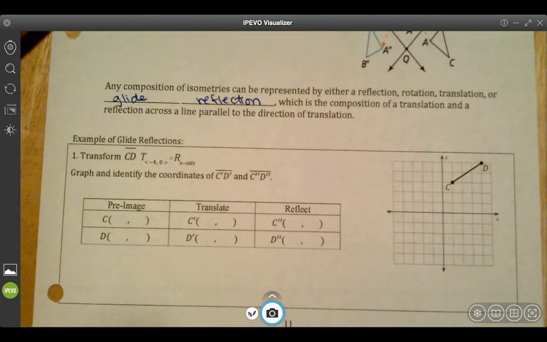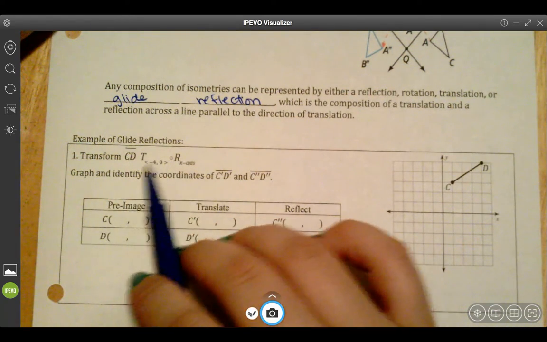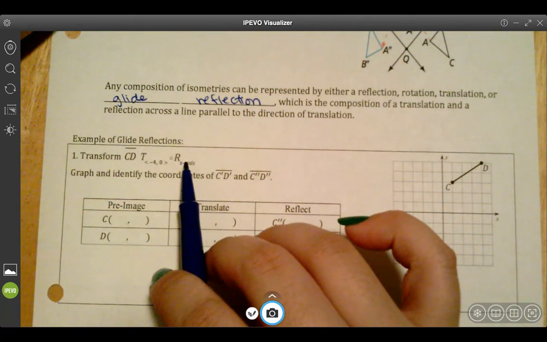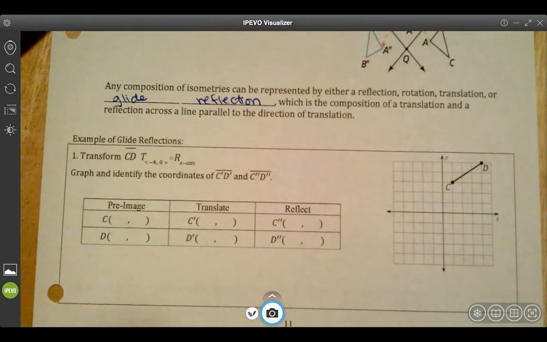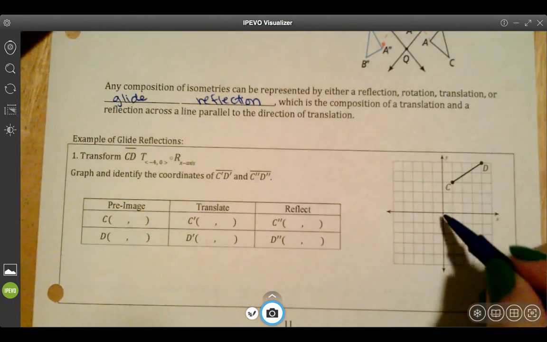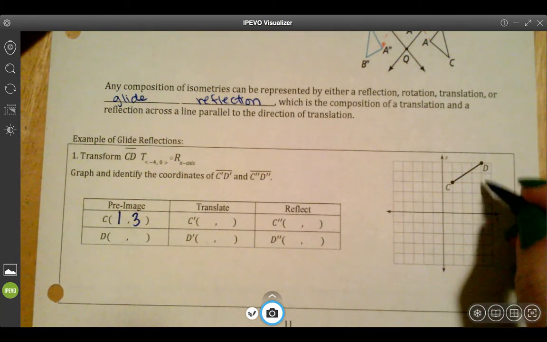So first, we're going to look at this notation. We're transforming segment CD, and we're doing two transformations here. We're doing a translation as well as a reflection, right? Capital R for reflection. And so first, what we're going to do is identify the coordinates of the given points. C is at 1, 3. D is at 4, 5.